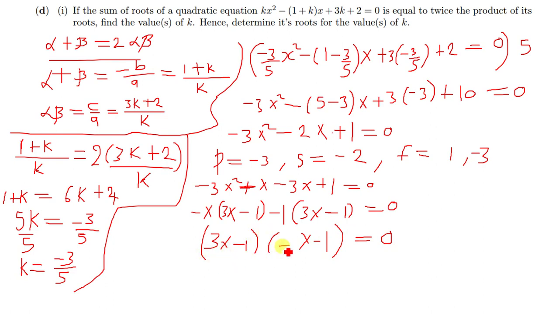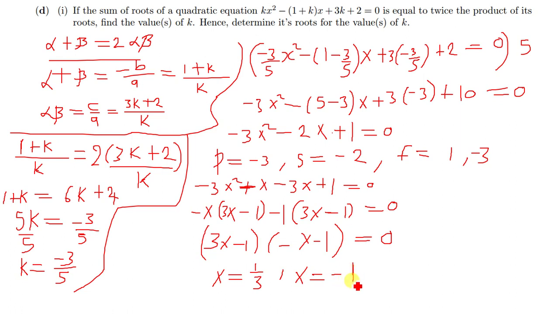So when this crosses the equal sign, you have x to be equal to 1 over 3, and then the other x will just be equal to negative 1.